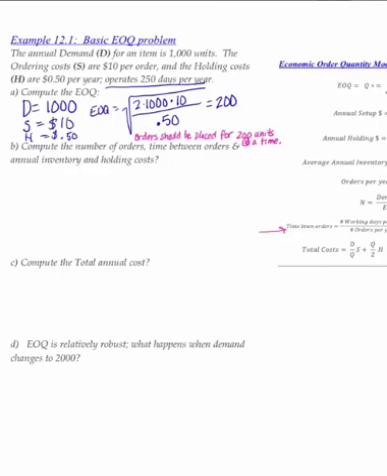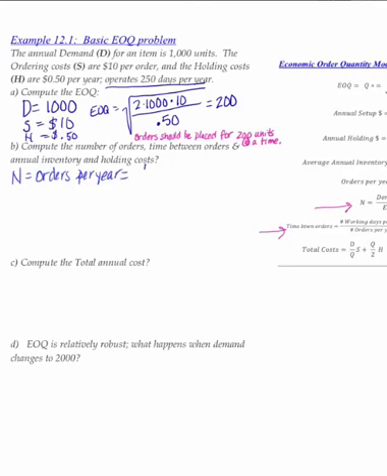But first we've got to calculate the number of orders per year, which is this N. So N, orders per year, will equal D divided by EOQ.